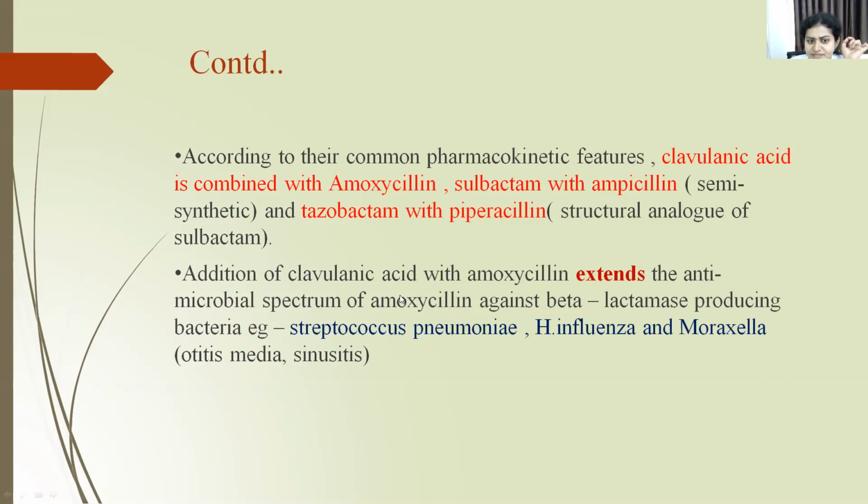So when you combine this drug with a beta-lactamase inhibitor like clavulanic acid, the beta-lactamase gets inhibited, and it extends the antimicrobial spectrum of amoxicillin against the beta-lactamase producing bacteria, that is Streptococcus pneumoniae, H. influenzae and Moraxella. So it is effective against otitis media and sinusitis, which is caused by Streptococcus pneumoniae, H. influenzae and Moraxella.